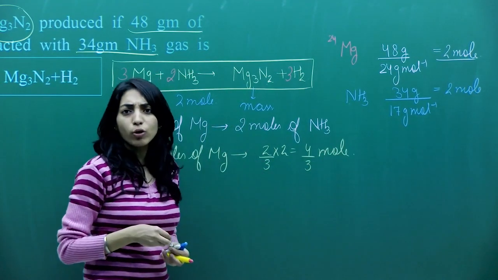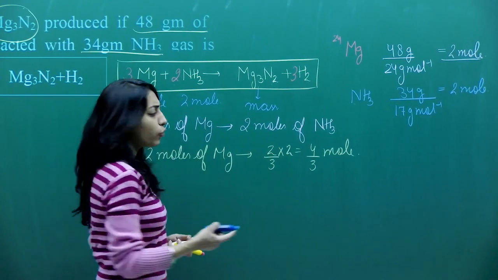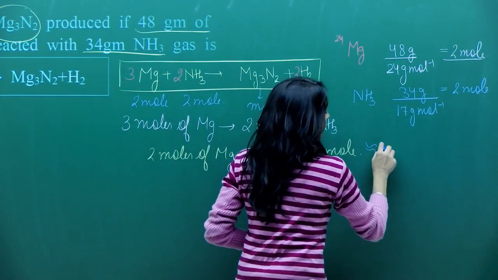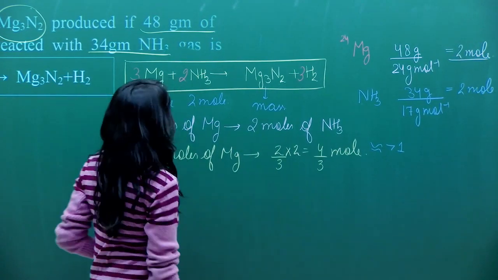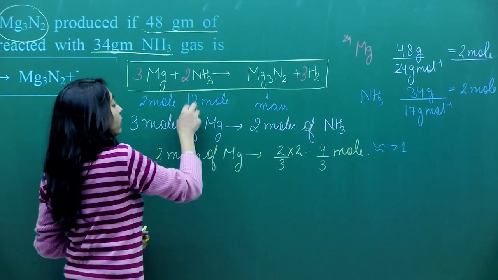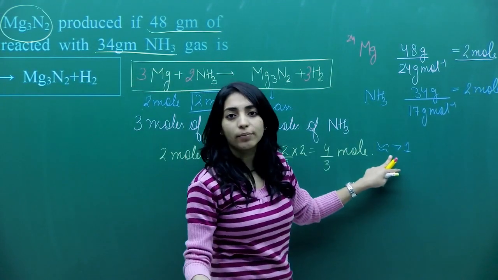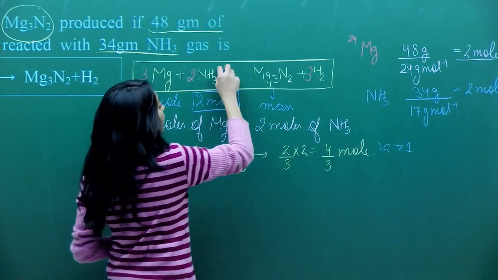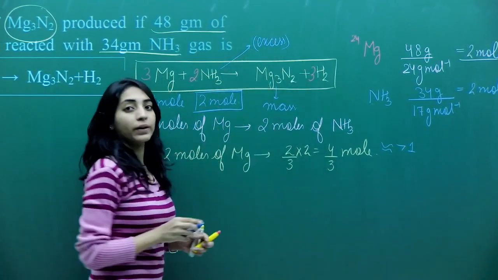Okay. Now don't waste time in calculating the values of what is 4 by 3. You directly know, right? 4 by 3 will be something greater than 1, right? But not greater than 2. And how much ammonia do we have? We have 2 moles. How much we need? We need 1 point something moles. So don't you think we have ammonia given to us in excess? Okay.